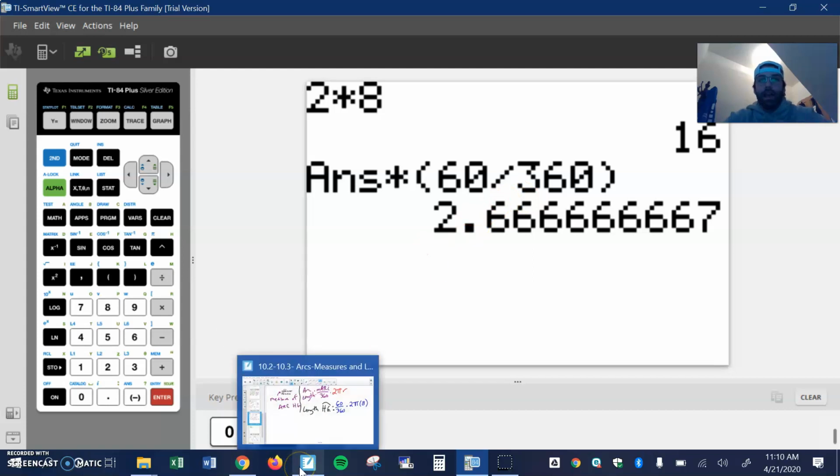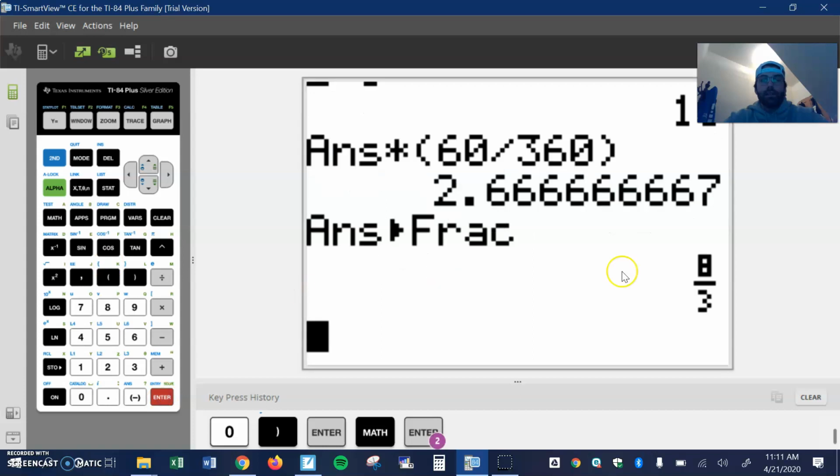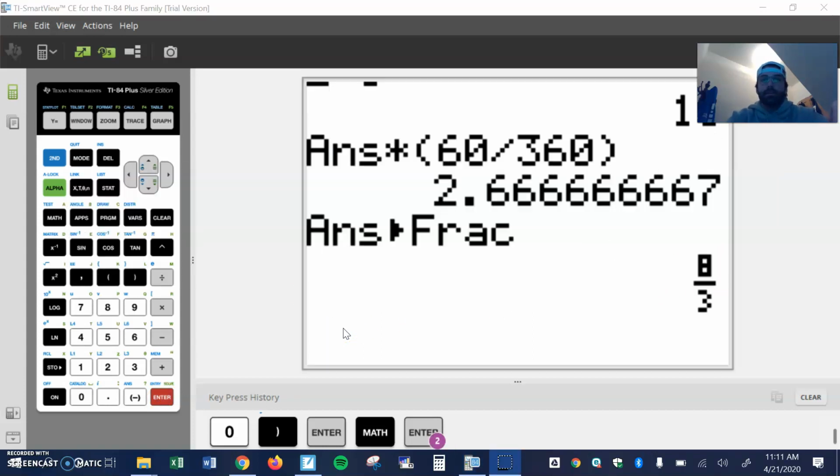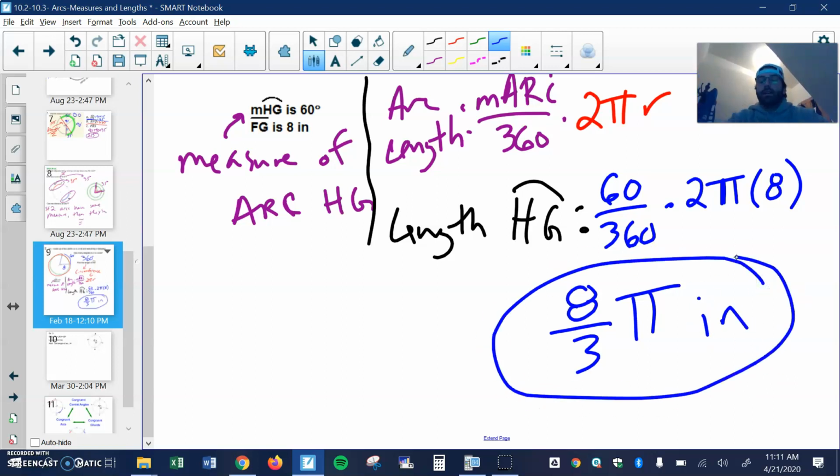I can hit math, enter, enter, and get my fraction. So I got 8 over 3, and I just want to slap the pi on it, and inches.